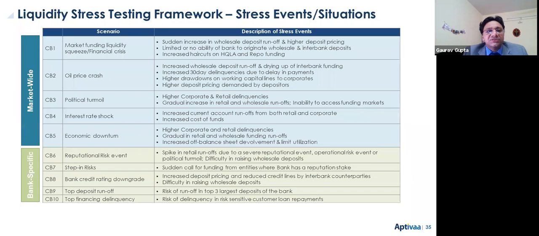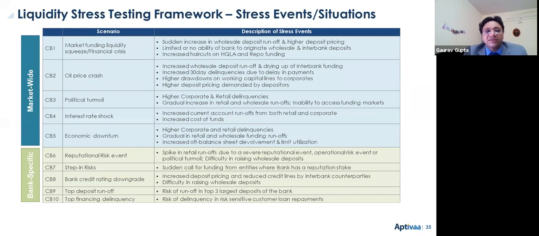We have almost covered this. These are the various sets of scenarios. For example, we can have multiple market wide scenarios, we can have a bank specific scenario, a political turmoil which might lead to higher corporate or retail delinquency, or there may be a reputational risk event which might lead to an outflow from the customers, or maybe there is a bank credit downgrade, so then it might lead to not being able to attract deposits from the wholesale market, or needing to pay a higher premium on deposits.